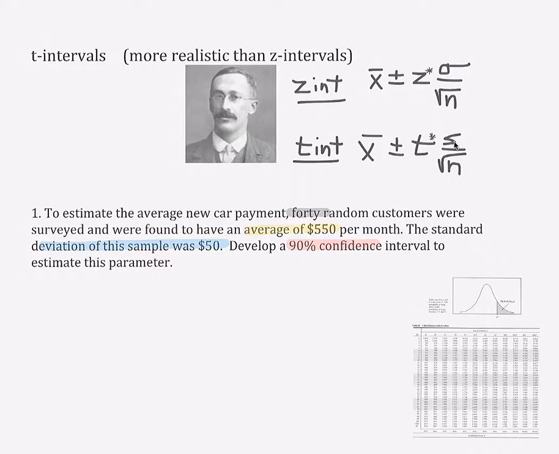Now, you don't need to know all that necessarily to be able to calculate a t-interval, but that's just a little background on it. But you do need to know the difference between when to use which formula.